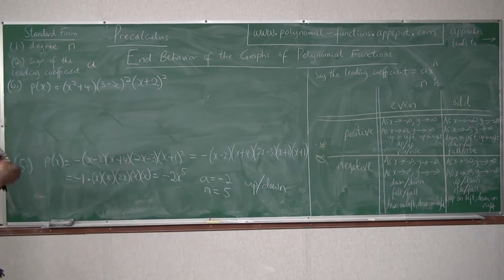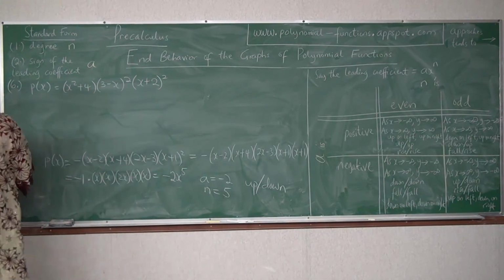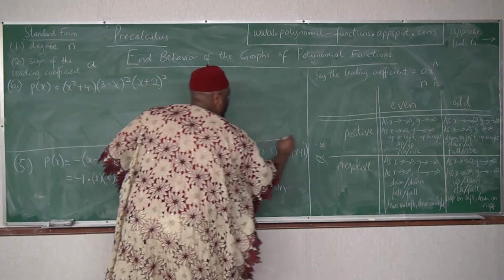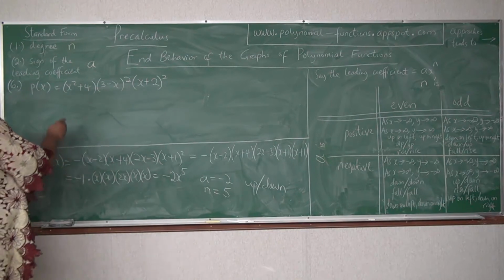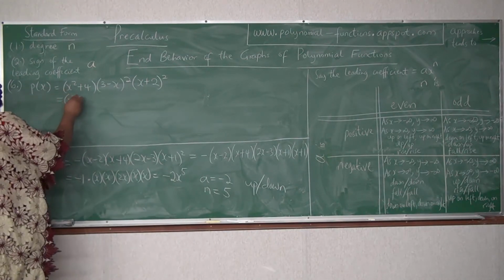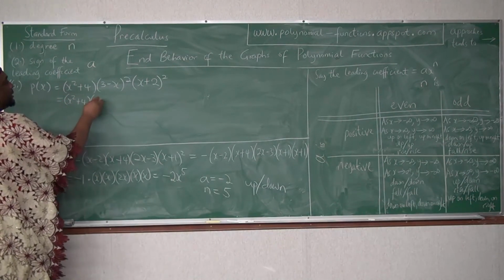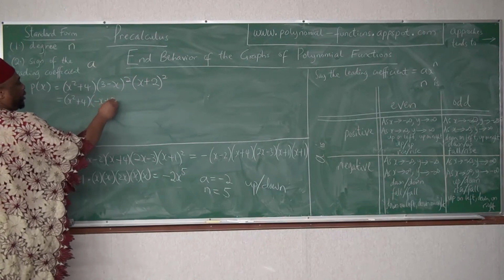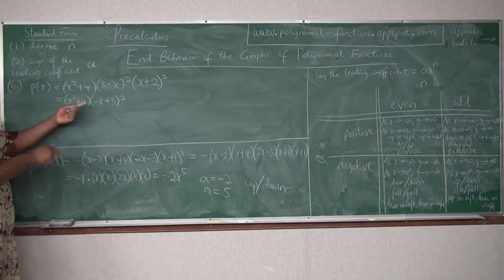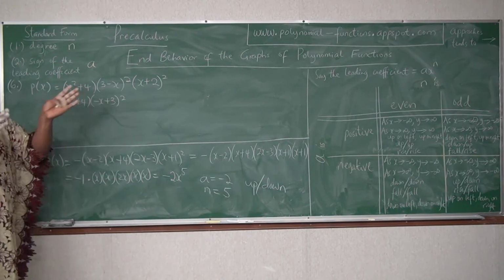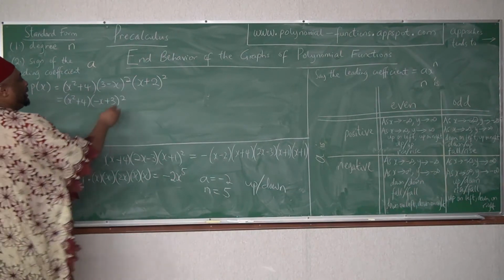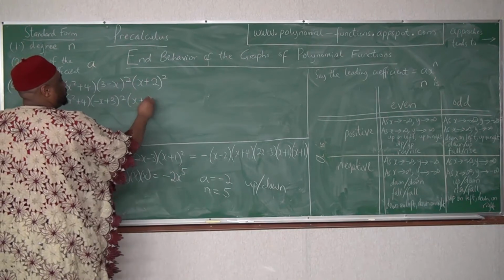So it's still the same, just be careful. But it's still the same thing we've been doing. Okay, so this will give us what? This is x squared plus 4 times negative x plus 3 all squared. You want to put it in standard form. Okay? Then times x plus 2 all squared.